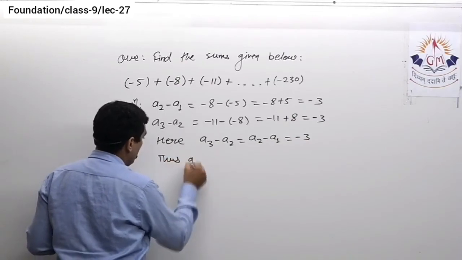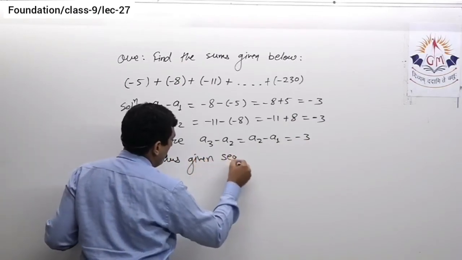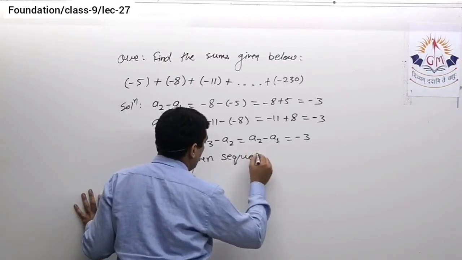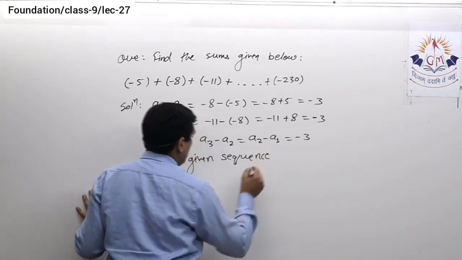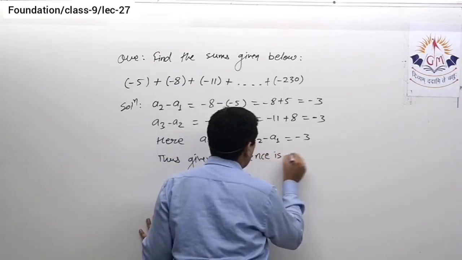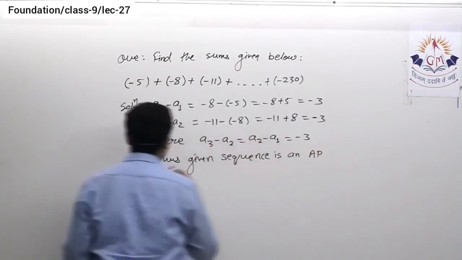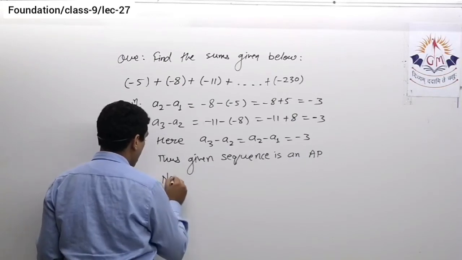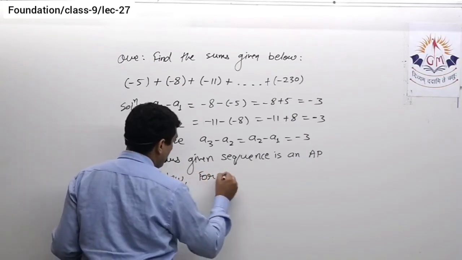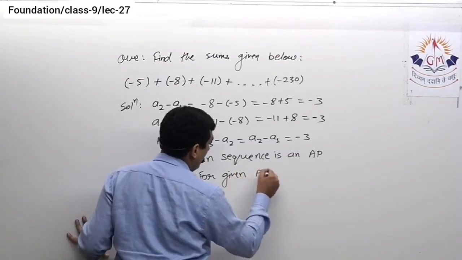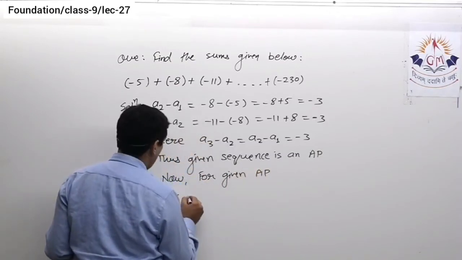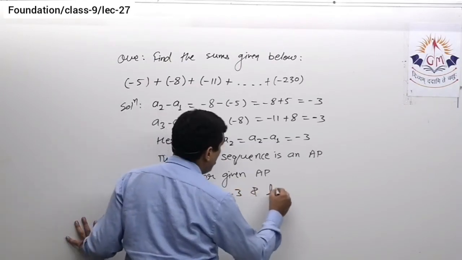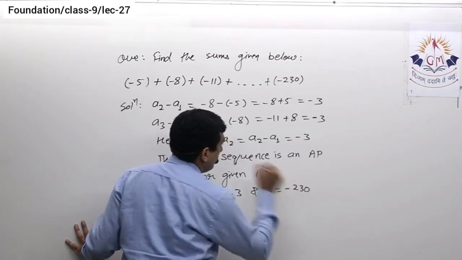Thus the given sequence is an AP with, or we can say now for the given AP, A is equal to minus 5, D is equal to minus 3 and L is equal to minus 230.